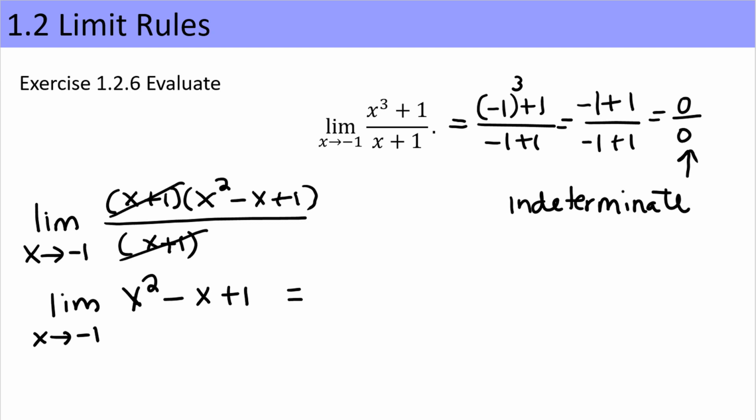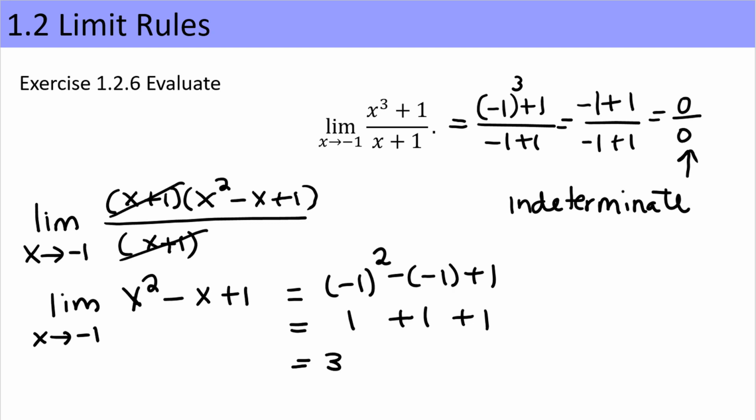The rule for the limit of a polynomial allows us to just plug in the values. So we put in negative 1 squared minus negative 1 plus 1. Negative 1 squared is positive 1. Minus a negative gives us a positive 1. And then we add one more. So the limit of this expression is 3.